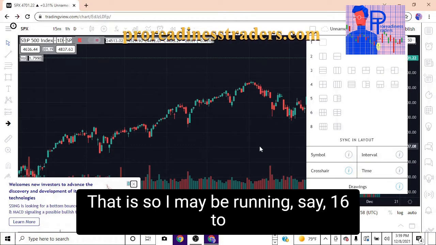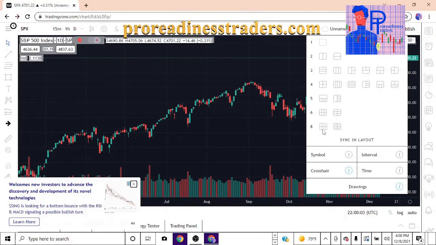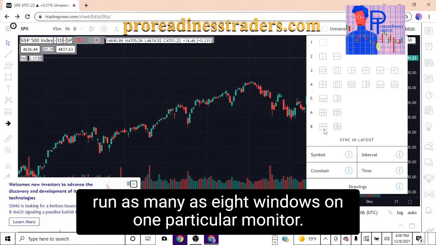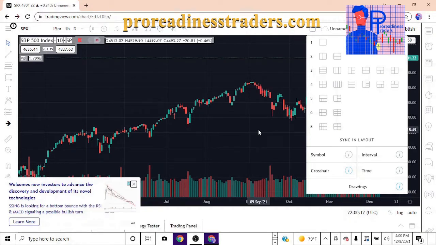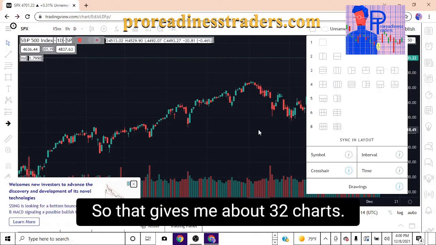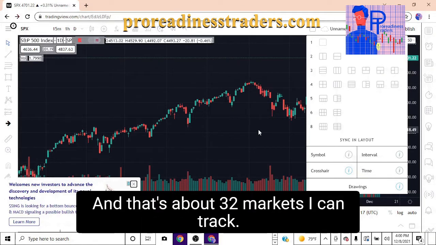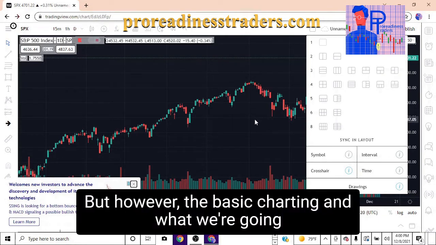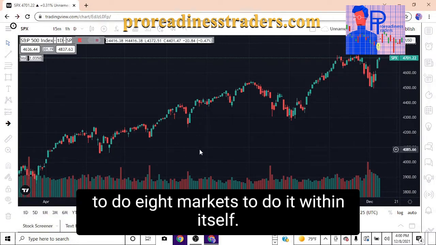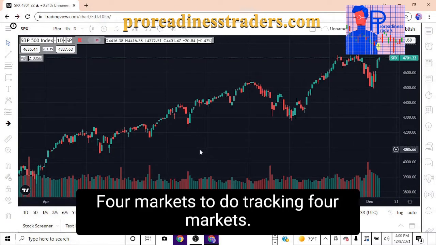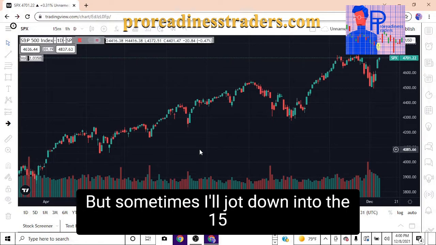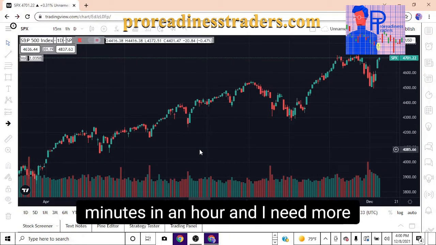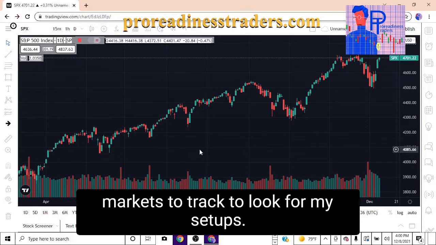So I may be running as many as 8 charts on one particular monitor, and that gives me about 32 markets I can track. However, for the basic charting that we're going to do, 4 markets are due. Sometimes I jog down into the 15 minutes and the hour, and I need more markets to track to look for my setups.